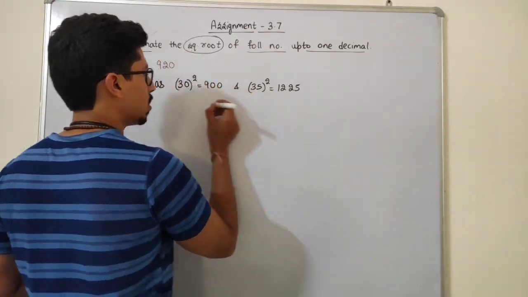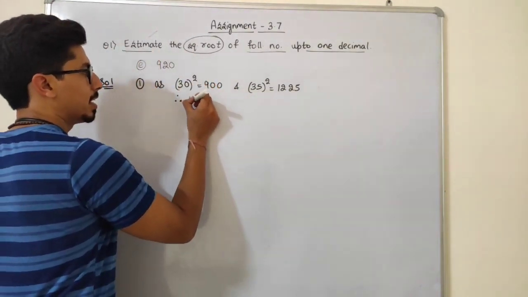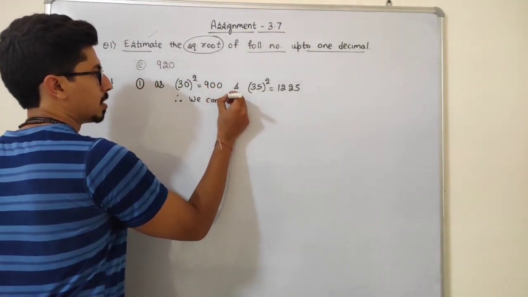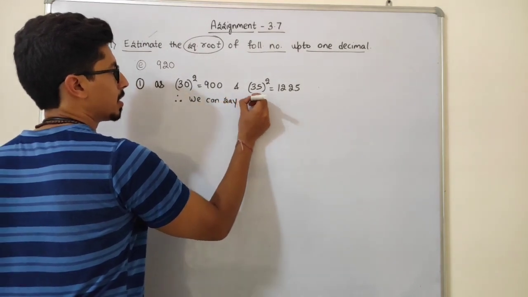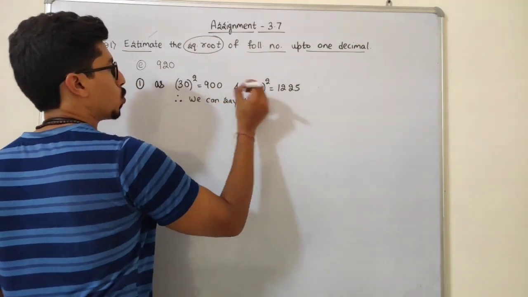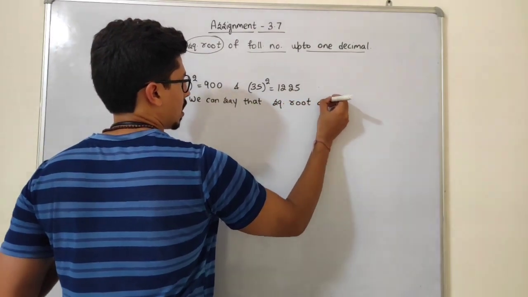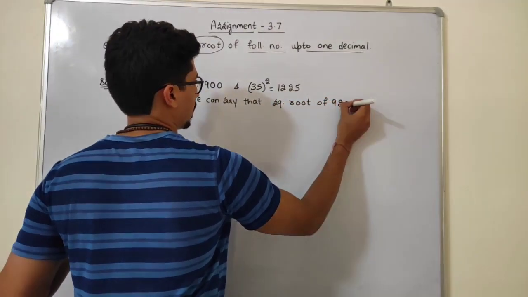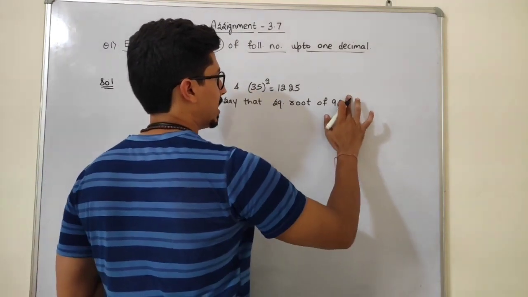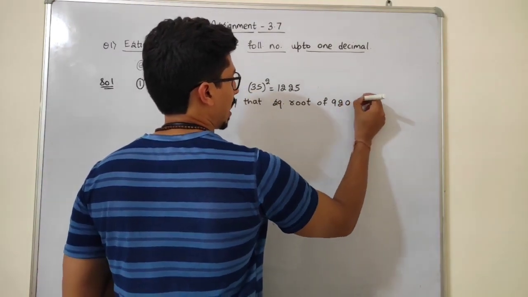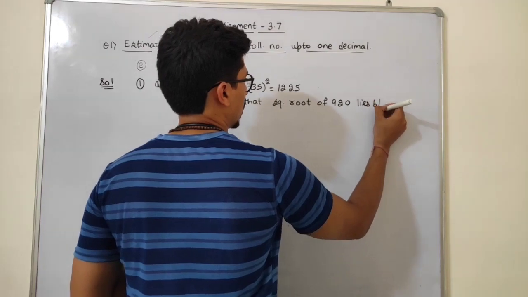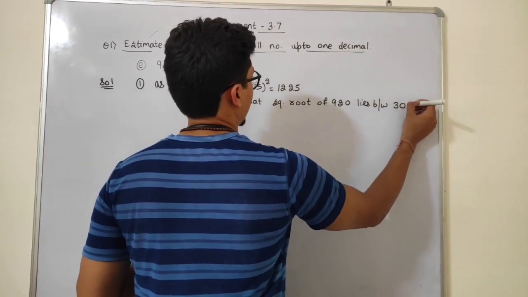Therefore we can say that square root of 920 lies between 30 and 35.